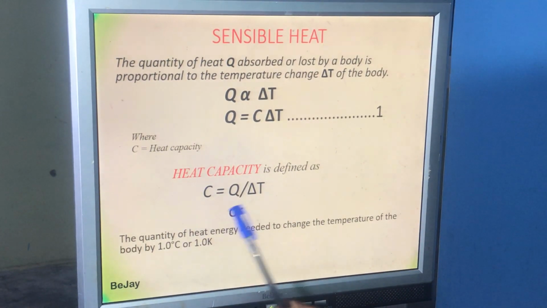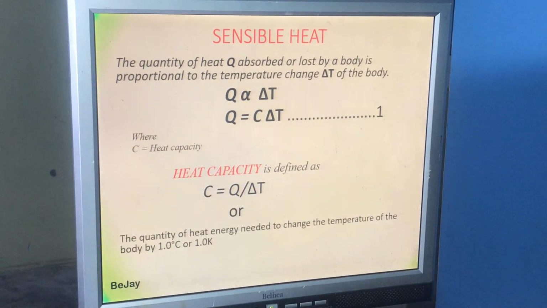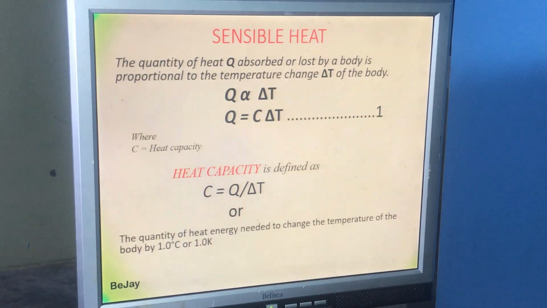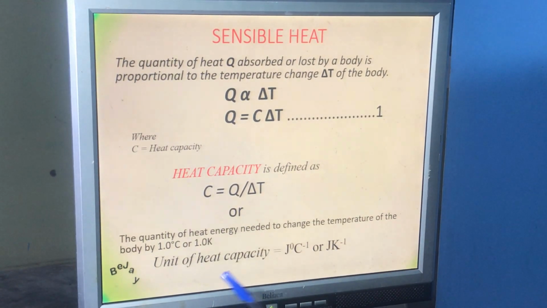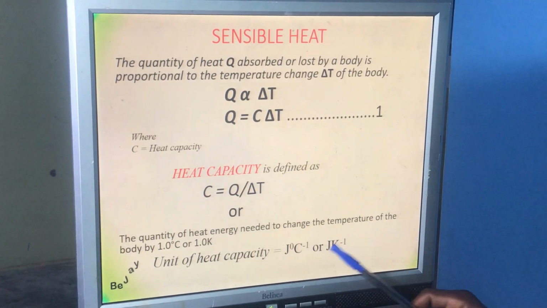So if you define it using this formula, then you have to explain the terms involved. Now the unit for heat capacity is joule per degree Celsius, or joule per Kelvin.